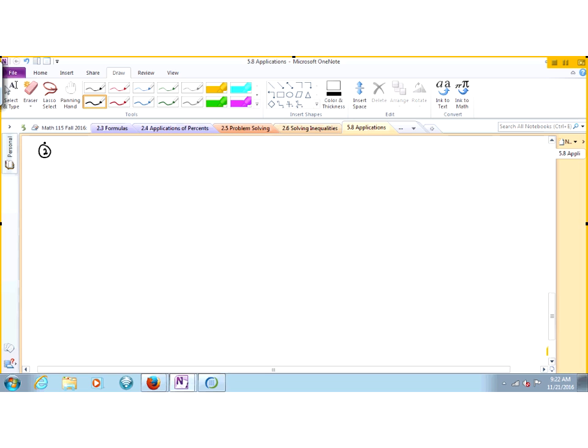So number 2. The height of a triangle is 3 inches less than the length of the base. So it's better if we draw.